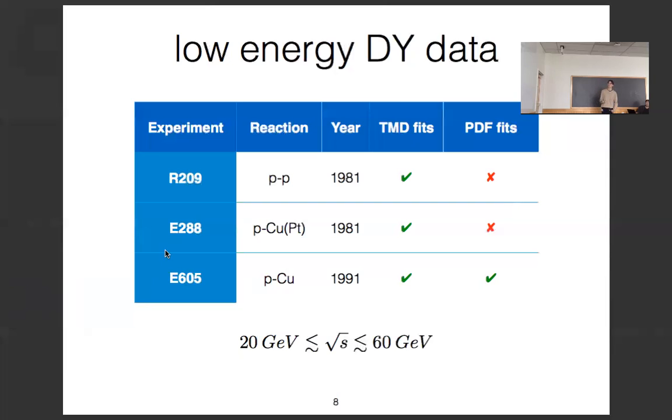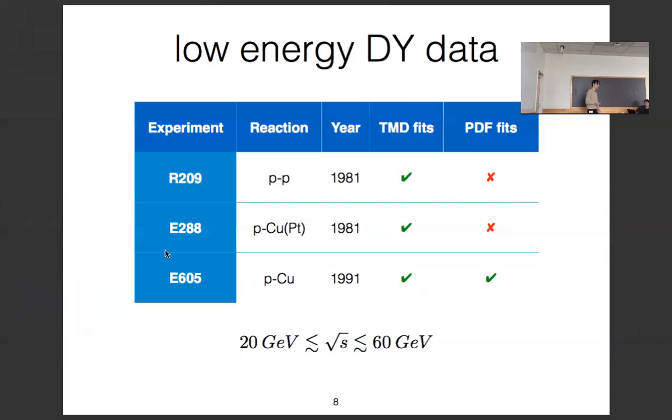If you look at the most recent TMD papers, here are the data that you will find: the famous one, and the other two data sets from Fermilab. One of them is actually used also in PDF fits besides TMD fits, and another has been abandoned in the most recent fits.